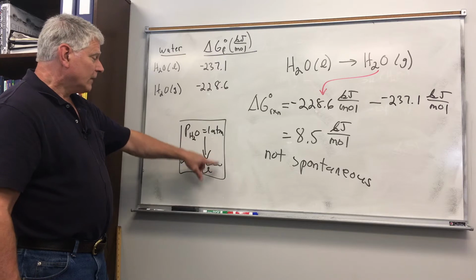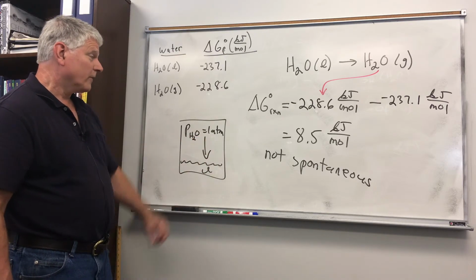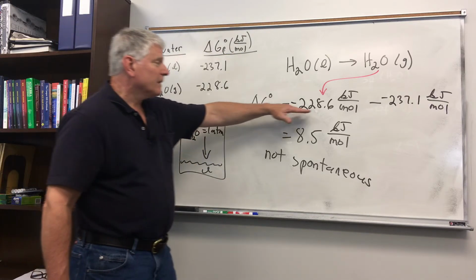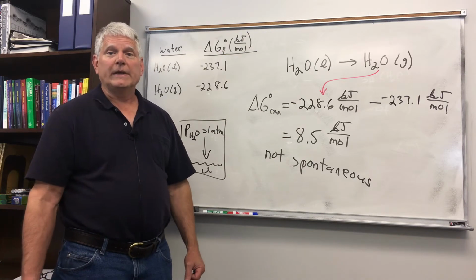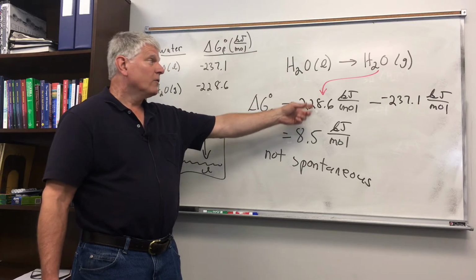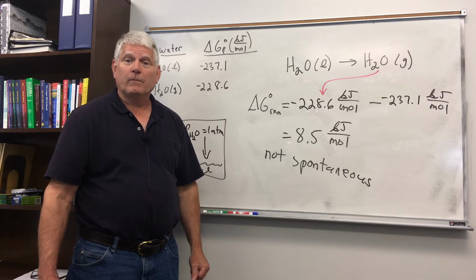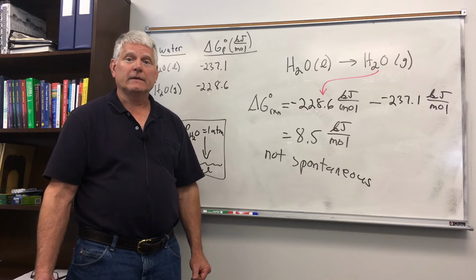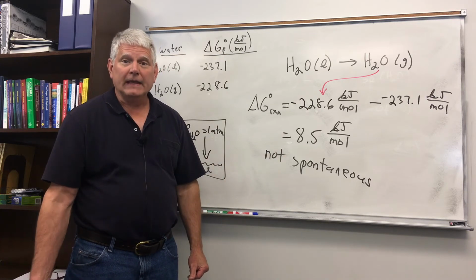But we don't have 1 atmosphere water pressure, so this calculation doesn't pertain to that example. What we'd have to do is correct delta G formation for water vapor down to the actual partial pressure in the air. Then we'll find that delta G for the reaction is actually spontaneous.